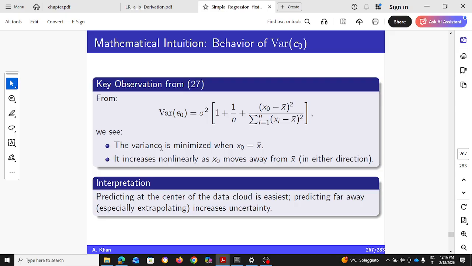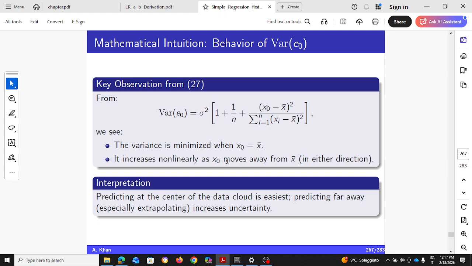So this means that the variance is minimized when x naught is equal to x bar. If the new value is near to the mean, we have less variance, and it increases non-linearly if this value is further away from the mean. If the new value is very close to our mean line, we have minimum variance.